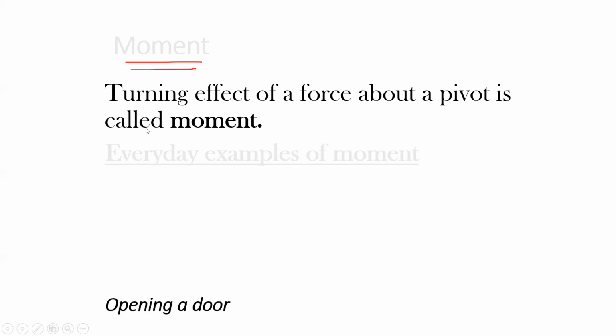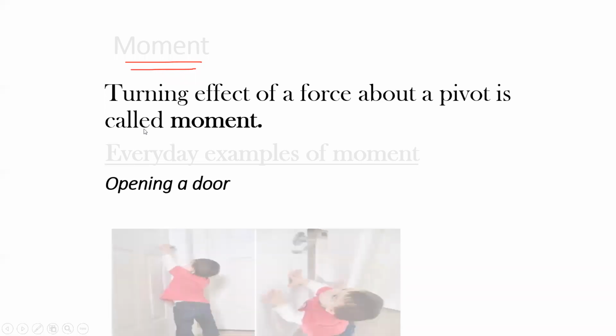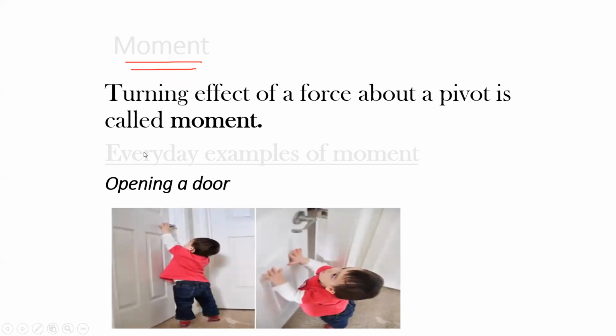Everyday examples of a moment, for example, opening a door. When you are opening or closing a door, the door rotates about a fixed point. As you can see in the picture, a child is opening the door. At one point the door is fixed, and the child, using the lock, is applying a force.